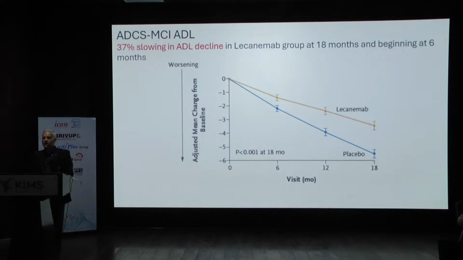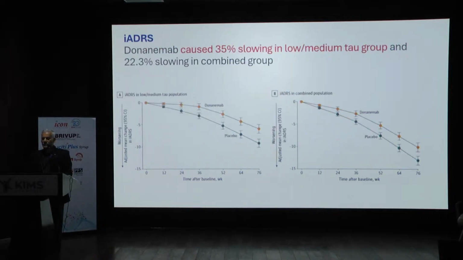And the activities of daily living also remained better in patients who received lecanemab than placebo. Whereas in donanemab, it was assessed in a composite score, which also showed a significant benefit after 76 weeks. Significant benefit means statistically significant, but for a particular patient, it might not be that significant.